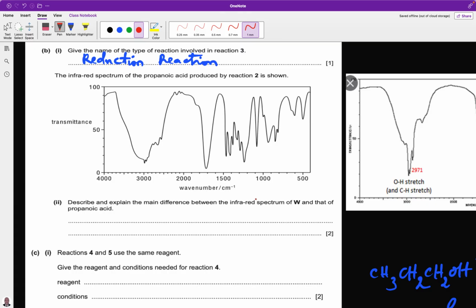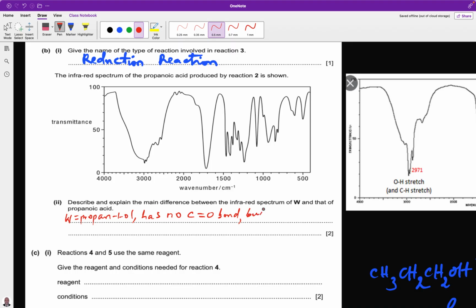For instance, in this case, I can write that W is propan-1-ol and has no carbon-oxygen double bond.